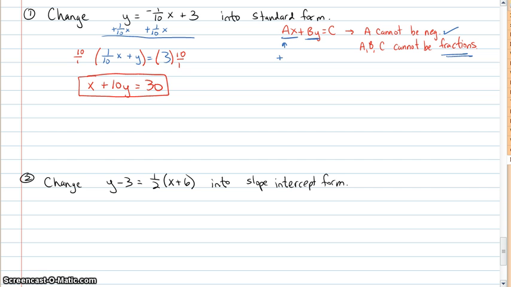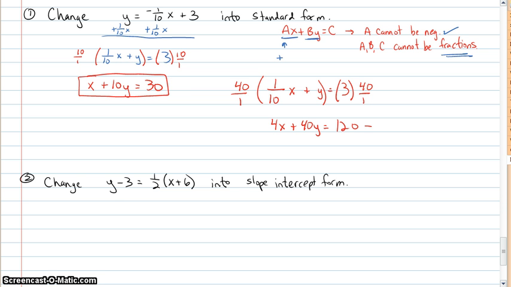Now notice on your packet, I mentioned that as long as it's in reduced form, we're okay. For example, if I had chosen to multiply 1/10 x plus y equals 3 by 40 instead of by 10, I now have 4x plus 40y equals 120.